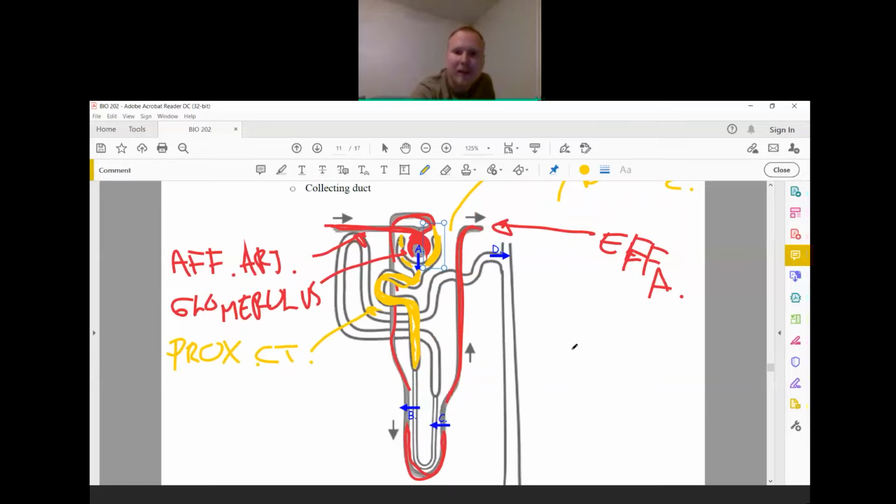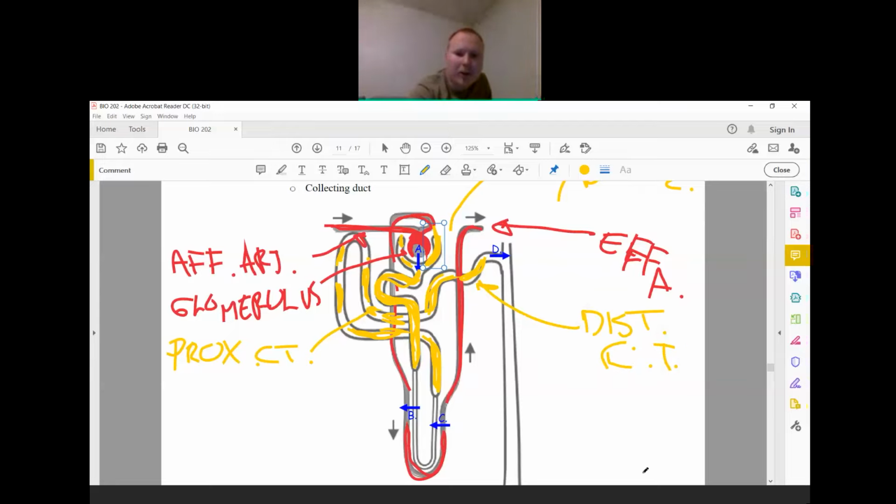So the other one that we see further away, that's going to be then our distal convoluted tubule. And on this diagram, I drew it a little longer than the proximal one, but there's no reason why there should be a difference in the length. It could be whatever in the length. So that was our distal convoluted tubule.